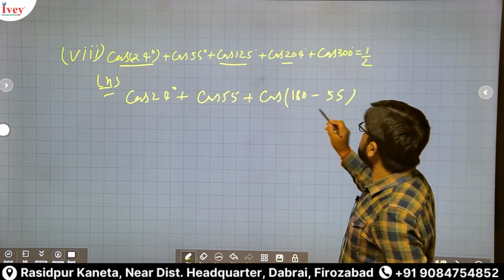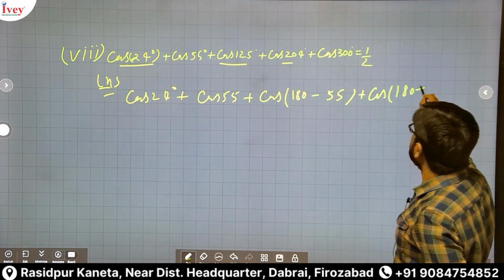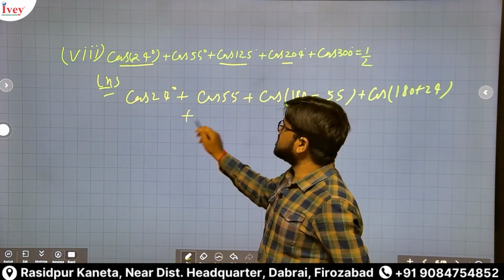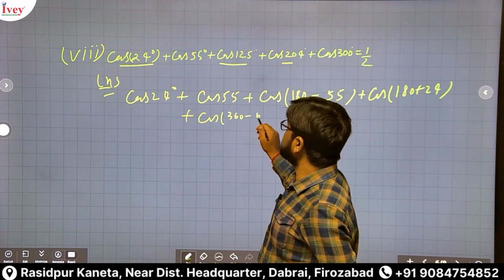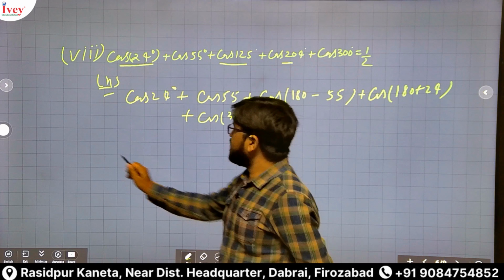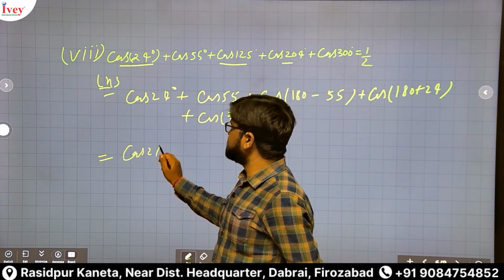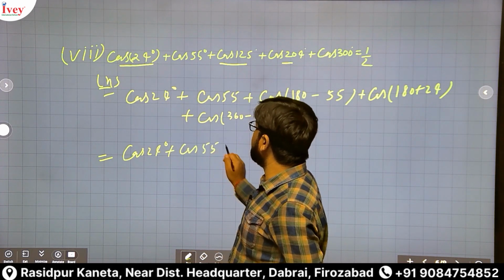Now for this we are going to write cos 180 degree plus 24, and for this we are going to write plus cos 360 minus 60 degree. Can you believe it? Now again we will write the same. We will write cos 24 degree as it is. We will write cos 55 degree as it is.